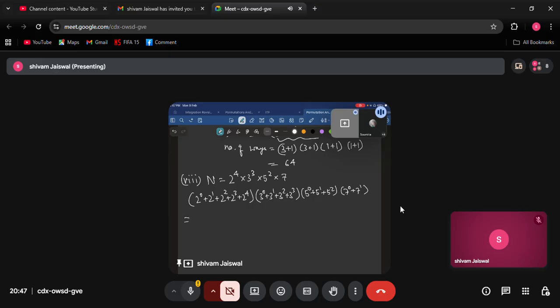They are in GP, so it will be 2 to the power 5 minus 1 upon 2 minus 1, multiplied by 3 to the power 4 minus 1 upon 3 minus 1, and multiplied by 7 to the power 2 minus 1 upon 7 minus 1. Okay.